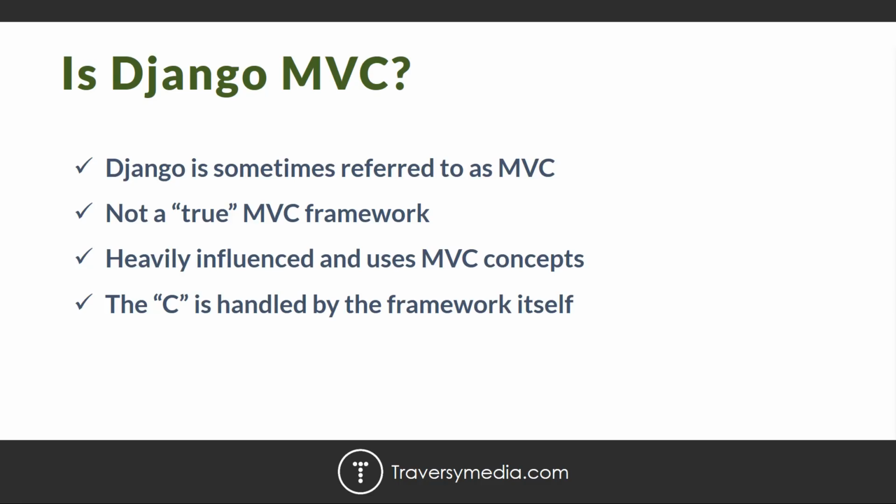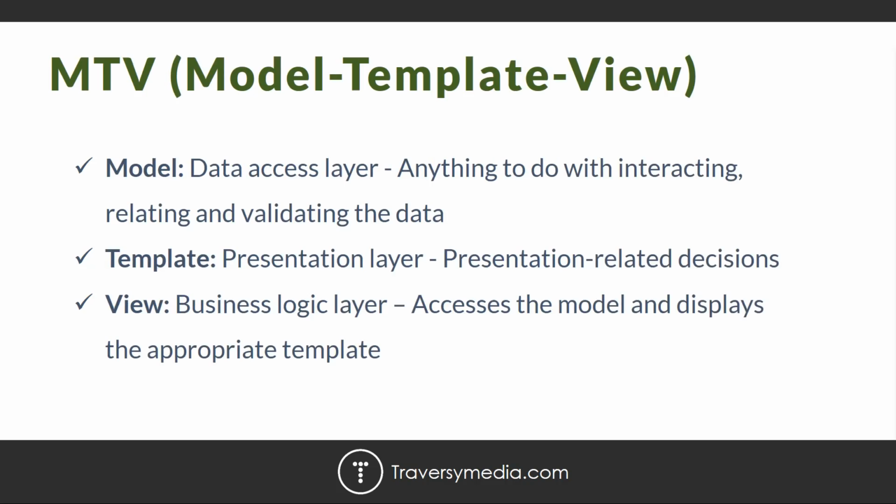Well, Django is sometimes referred to as an MVC framework, and that's not completely wrong. It is heavily influenced by MVC, and it does use many MVC concepts. However, the C, or the controller, is mostly handled by the framework itself, and it works a little different. So it's put into the MTV, or Model Template View pattern, okay, which works a little different.